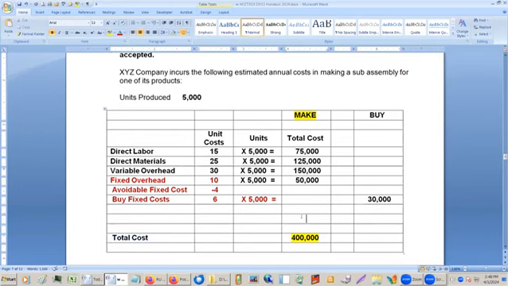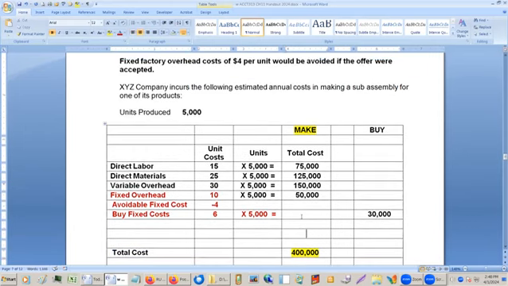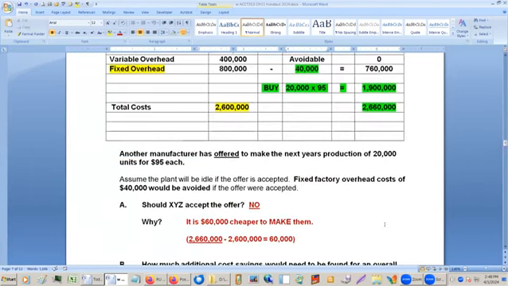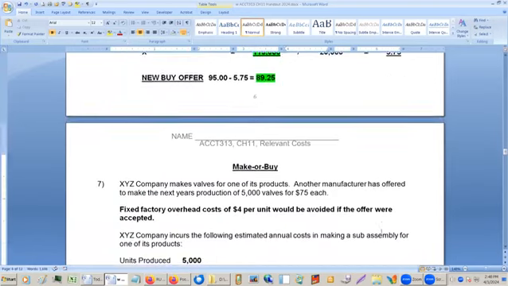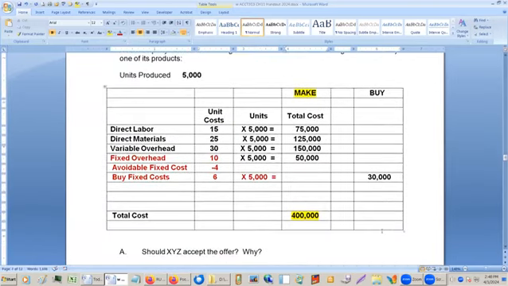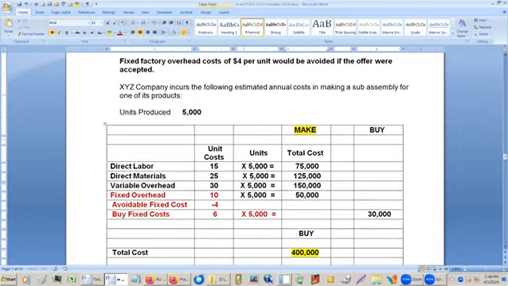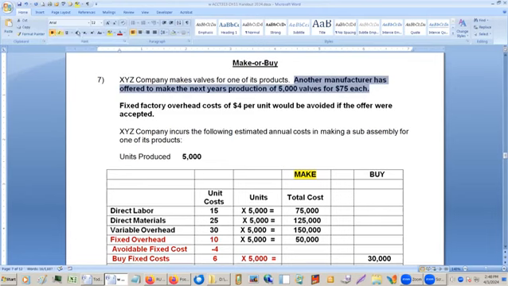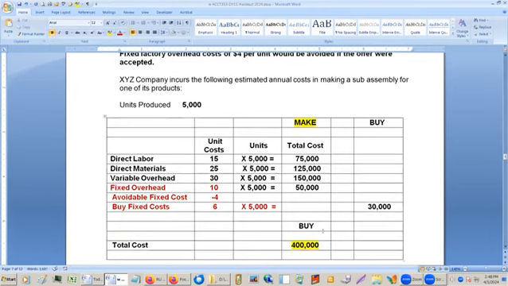Okay, we still need to buy them. How do I do it up here? Buy. Okay. It's a column somewhere. Okay, well, let's put it here. Buy 5,000 times. Let's see the offer. Oh, here it is. $75 each.